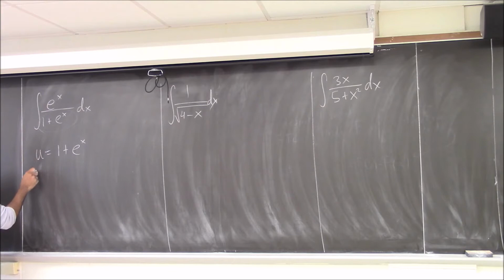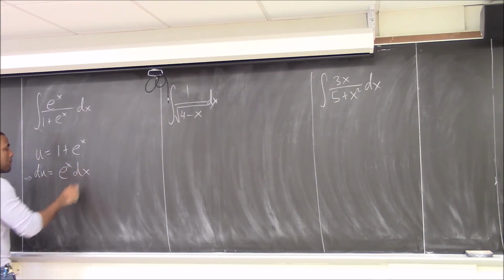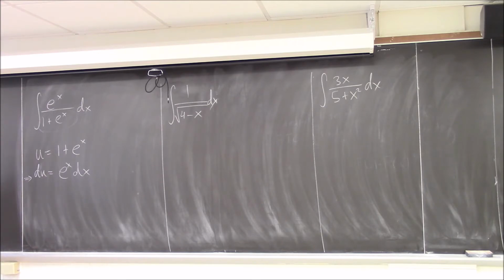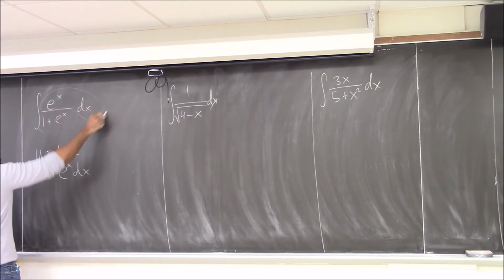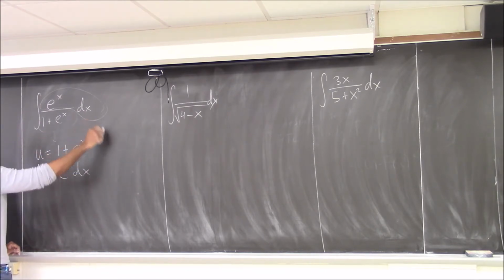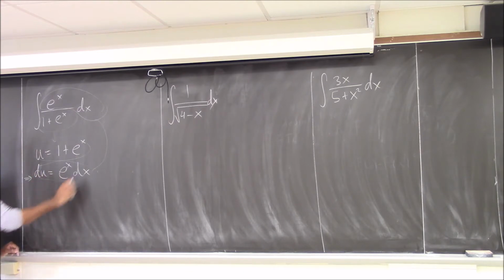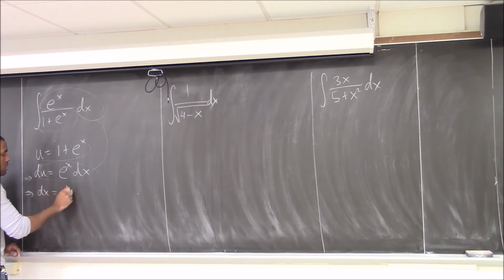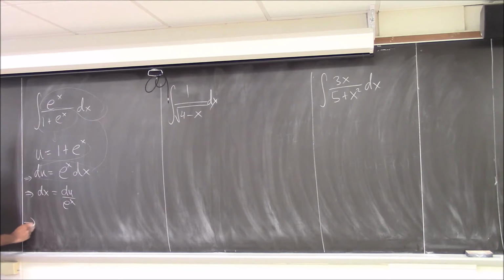Now I can find the derivative of that, du is just e to the x dx. And I can notice that my e to the x dx is right there. So if this is my u, this is my du. I can solve for dx, du over e to the x, and then I can plug that in.